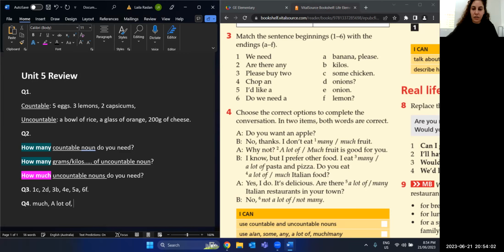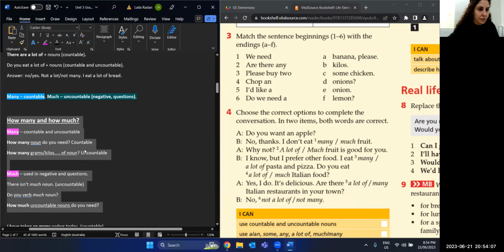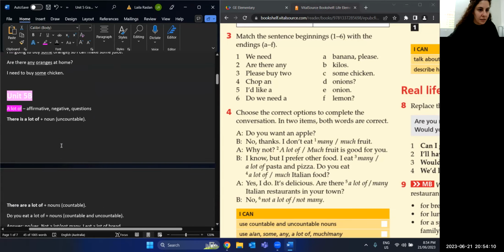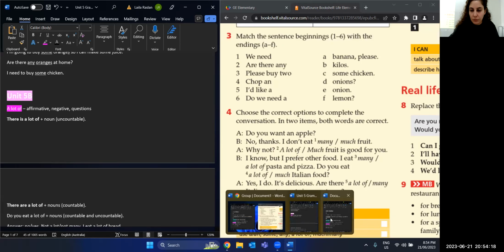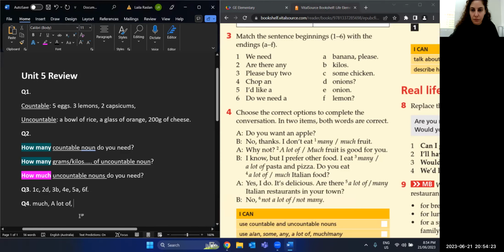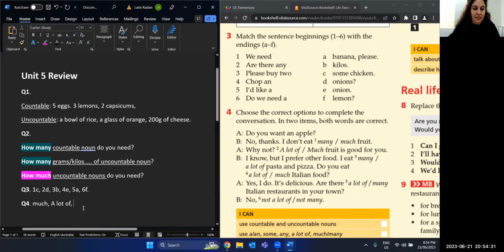Let's look at our rules. We have it in unit 5. So let's go back. I know, but I prefer other food. I eat a lot of pasta and pizza. So again, a lot of pasta and pizza. Do you eat a lot of Italian food?